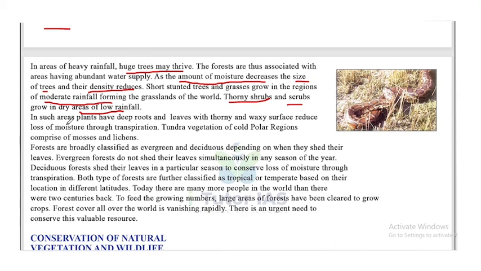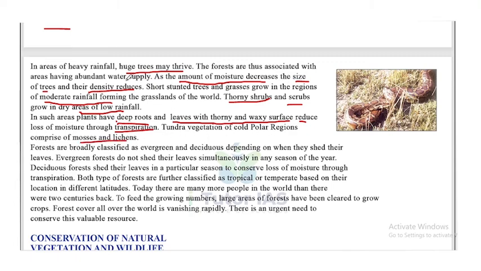In such areas, plants have deep roots and leaves with thorny and waxy surface, to reduce loss of moisture through transpiration. Tundra vegetation of cold polar regions comprises mosses and lichens.